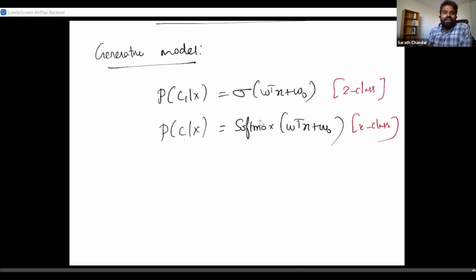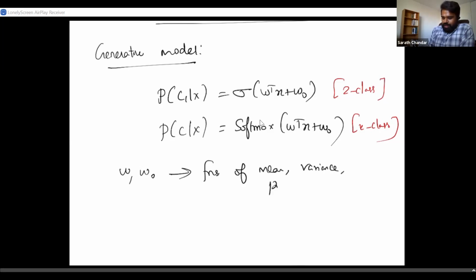And we actually had a detailed equation for what is W, what is W0. These W and W0 were basically functions of mean, variance, and prior probabilities. If you remember the two assumptions with which we started generative modeling, the first assumption was the class conditional densities are Gaussian.